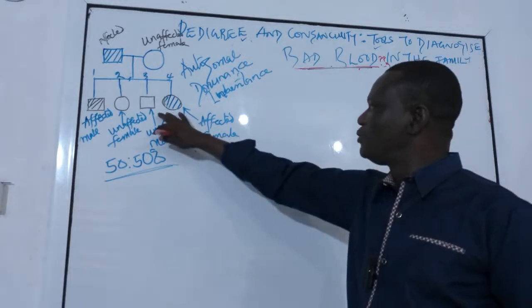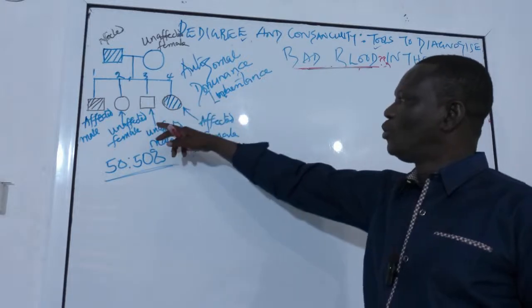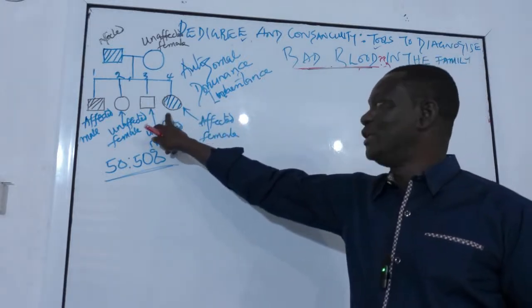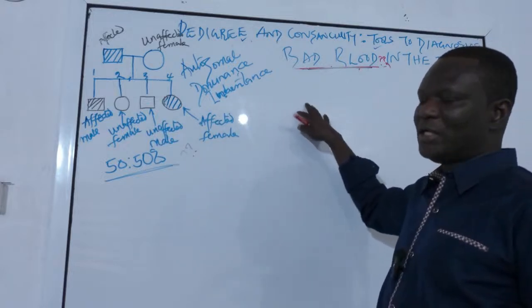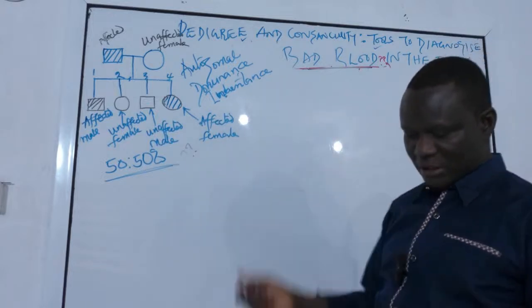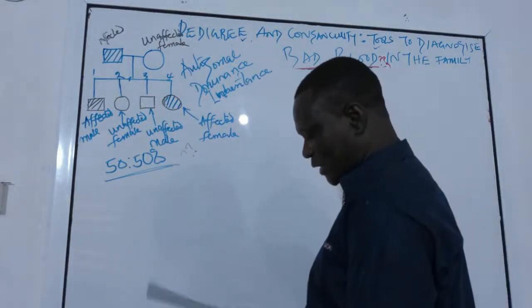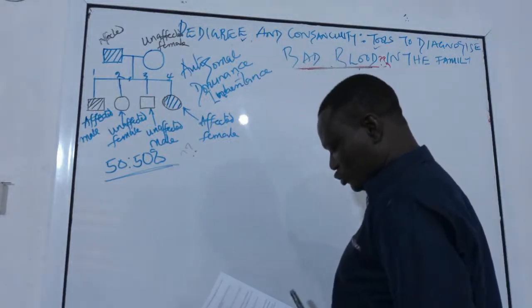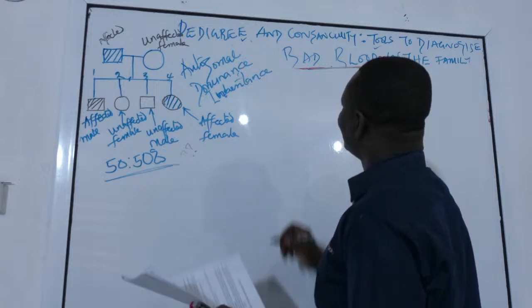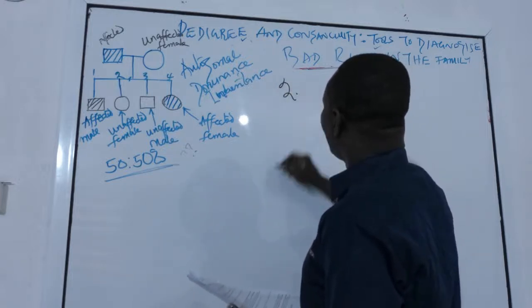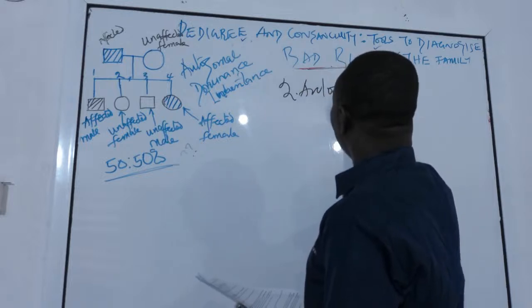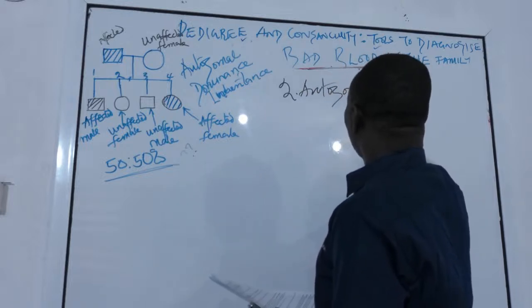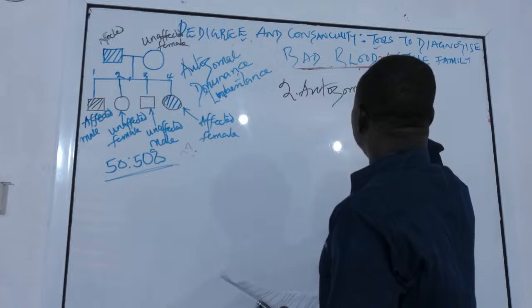By knowing the history of a family like this, you will know what to offer in genetic counseling. So without wasting our time, let us go to case study 2, the case of autosomal, still autosomal, but this time it is recessive.